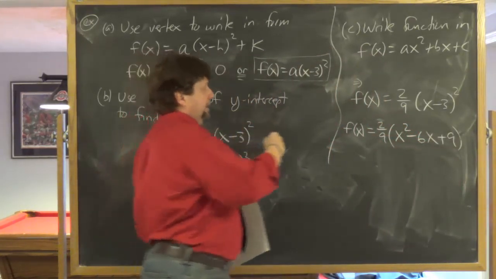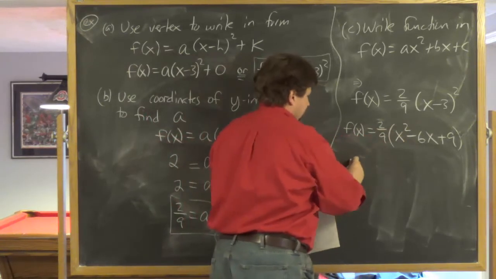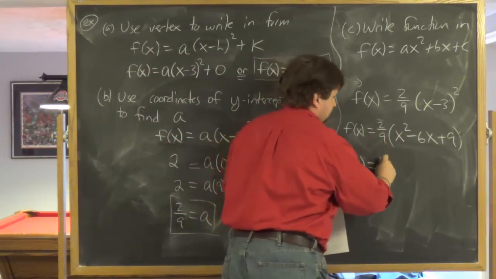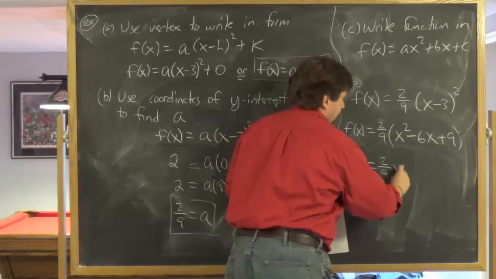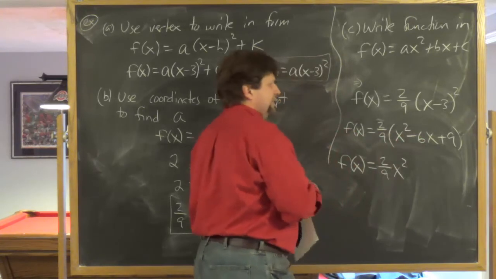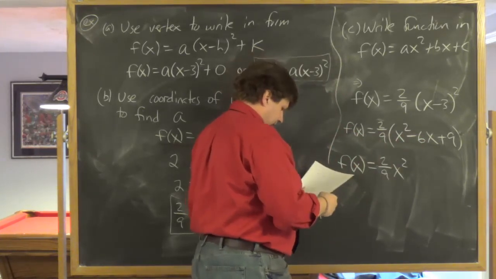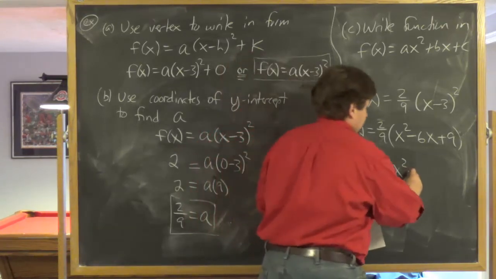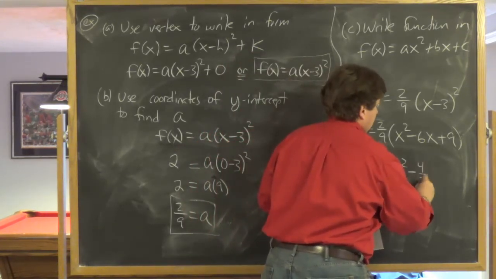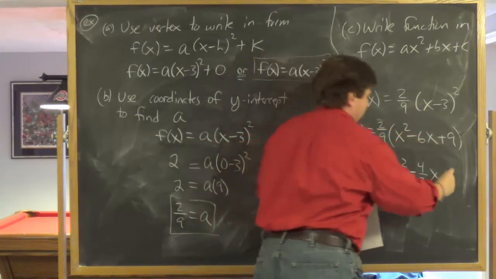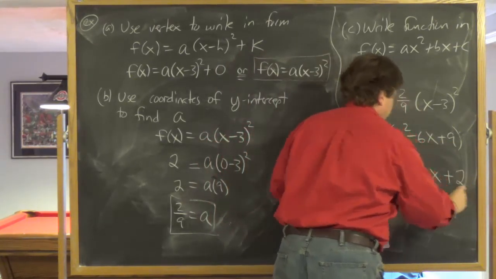Next step, distribute the 2/9. I'm not too happy about that because I hate fractions. But we get a 2/9 x squared. When 2/9 gets multiplied by 6, that's going to leave us with 4/3. When 2/9 gets distributed to the 9, well, that's not too bad. That leaves us with the plus 2.